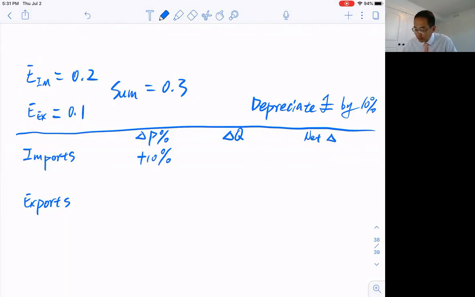And because of that, according to our elasticity of 0.2, only a 2% decrease in quantity will happen on imports. We buy 2% less of imports because imports are now 10% more expensive. So the net change is that we're going to spend 8% more on imports, or import spending, right?